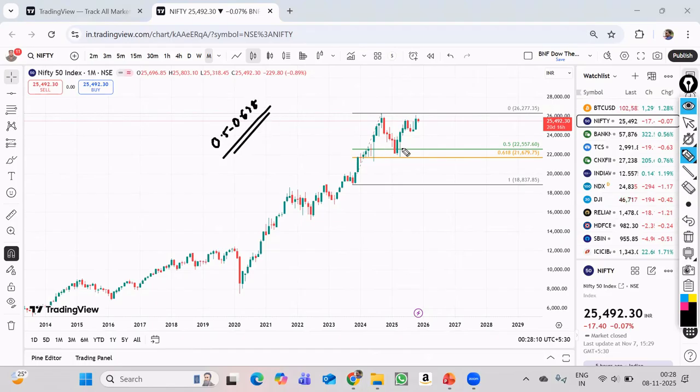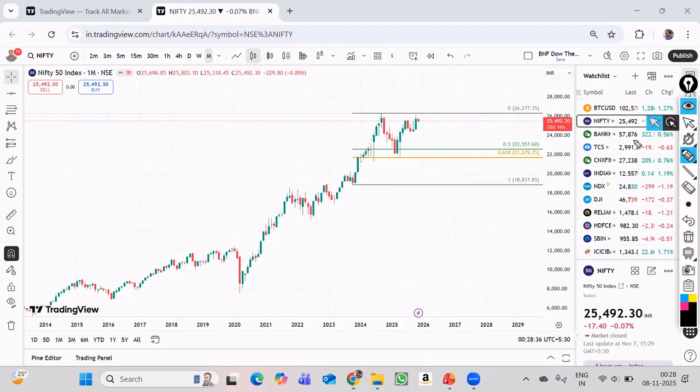This means that the buyers who were present here will defend this level, and the people who missed this opportunity will get an opportunity to enter with a decent price correction, and hence the price moved higher. Is it clear?